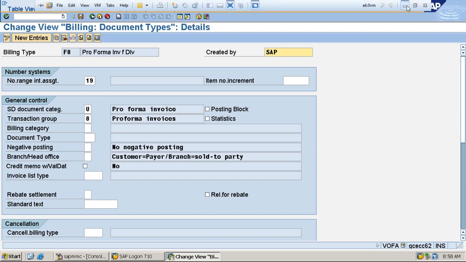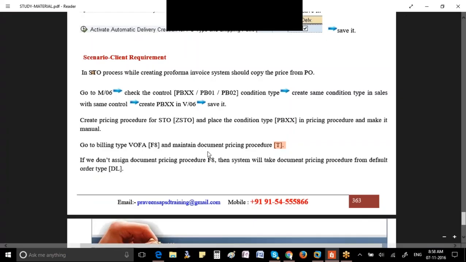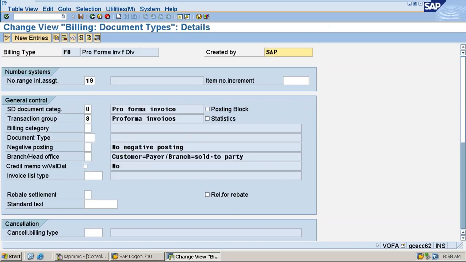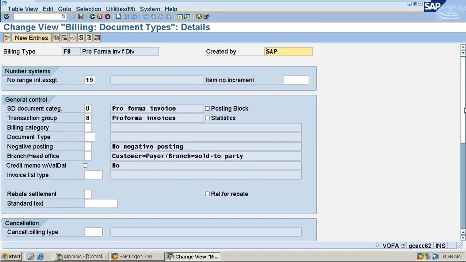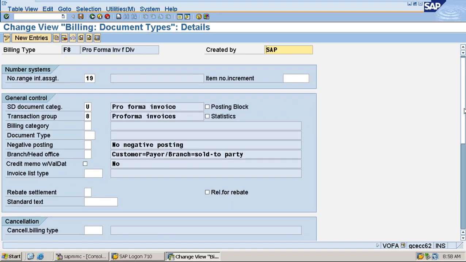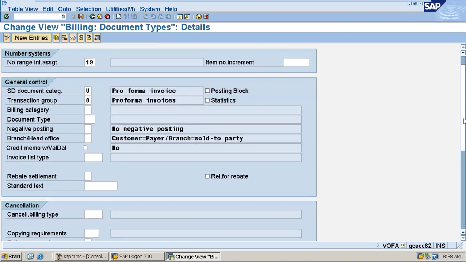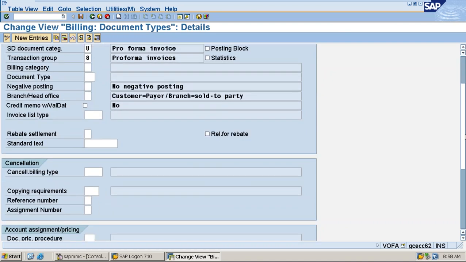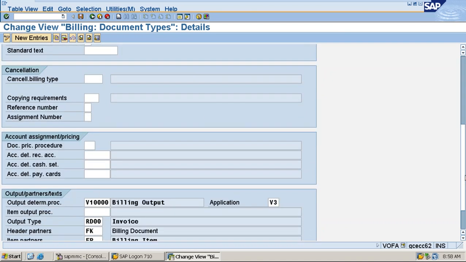WOFA, right? Document. Okay, this one, document pricing procedure. So maintain it as T. Let me show you what is T. F4.